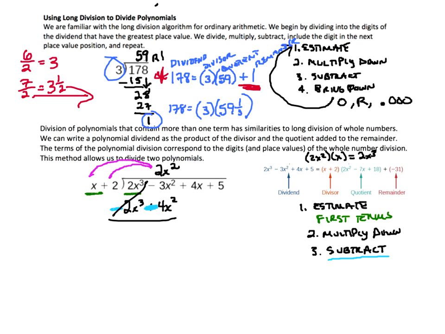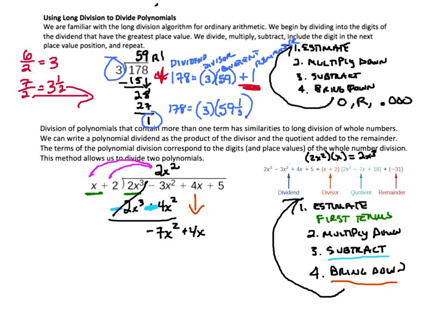And when I combine negative 3x squared with negative 4x squared, I get negative 7x squared. My next step is to bring down. I'm just going to color code this. Bring down. All right, and I'm bringing down a positive 4x.